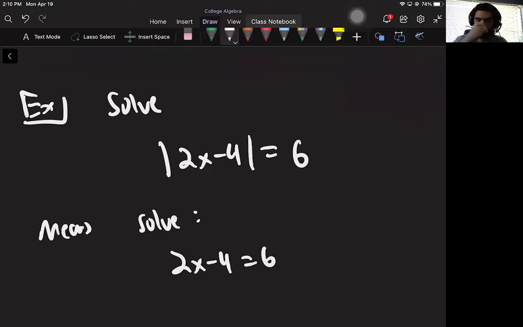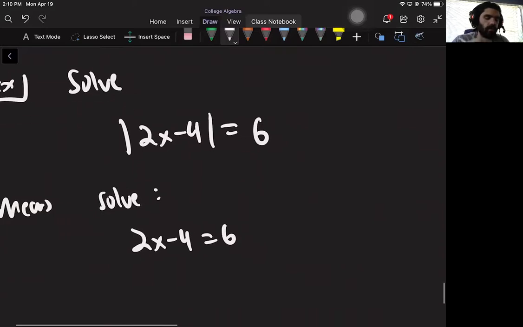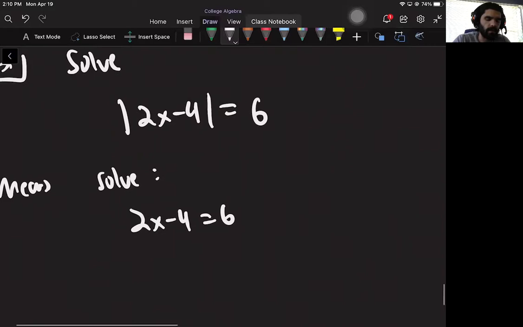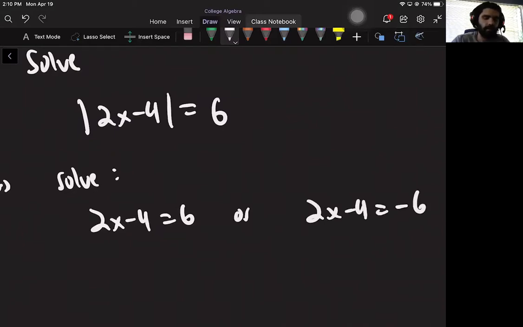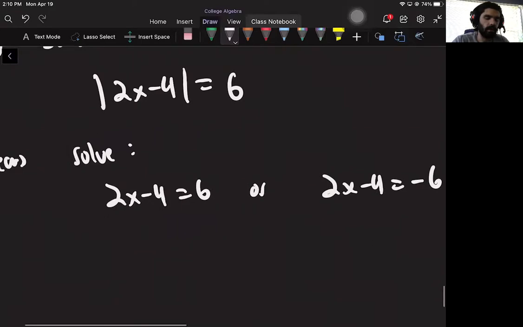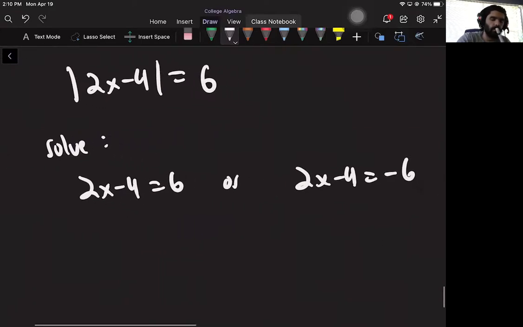So this is saying to go to the right 6. How far is 2x from 4 to the right? I want it to be 6 to the right. And then solve this guy as well, equal to negative 6. And that will give me my 2 solutions. So I just do them separately.